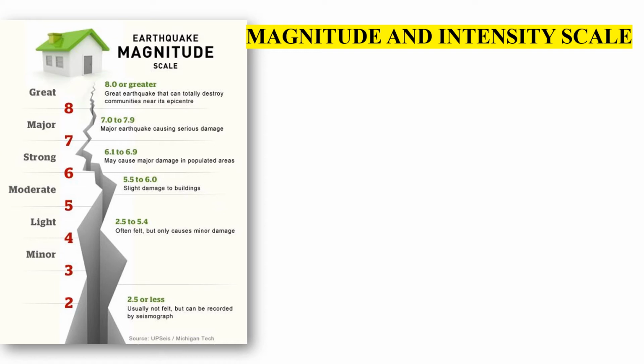But if you experience 5, it's moderate, 6 is very strong, magnitude 7 is major, and 8 is great. Here are some of the descriptions of each magnitude that you will identify.